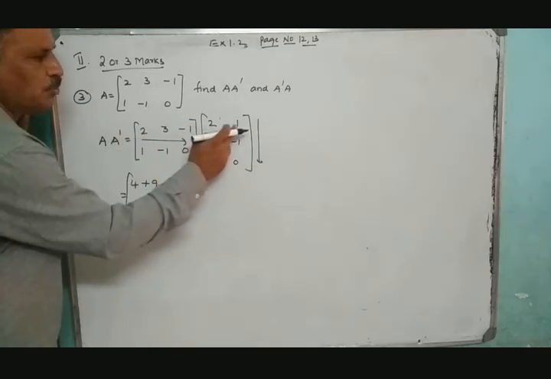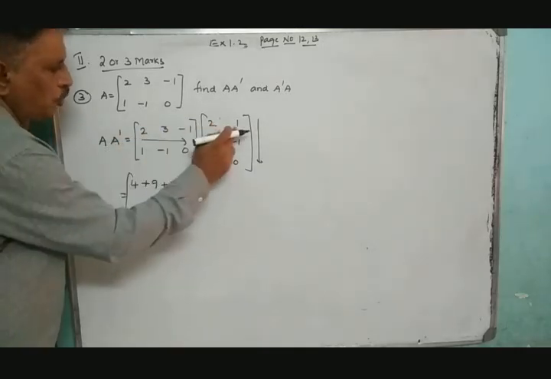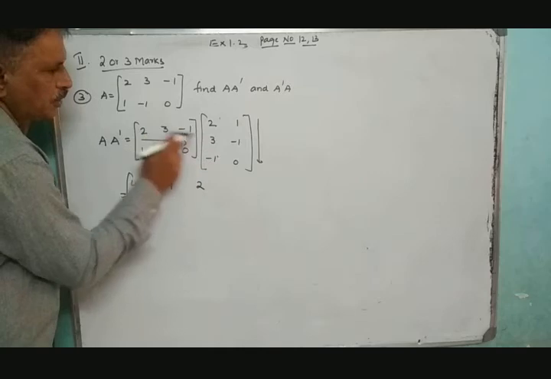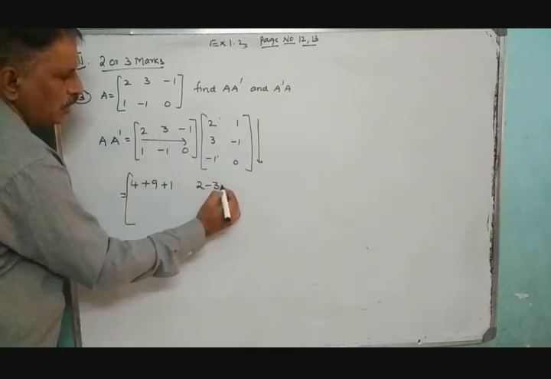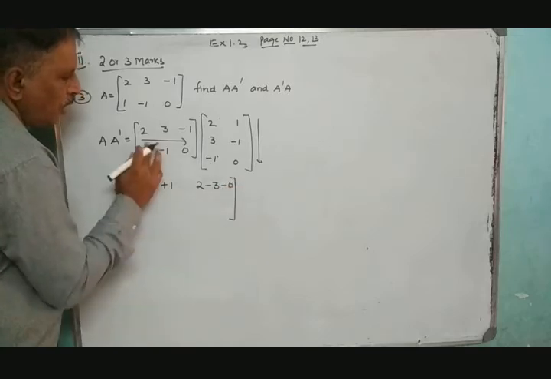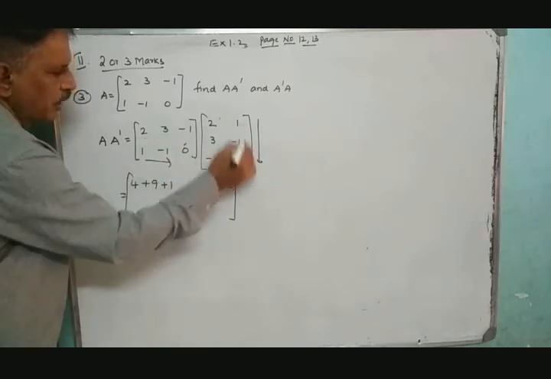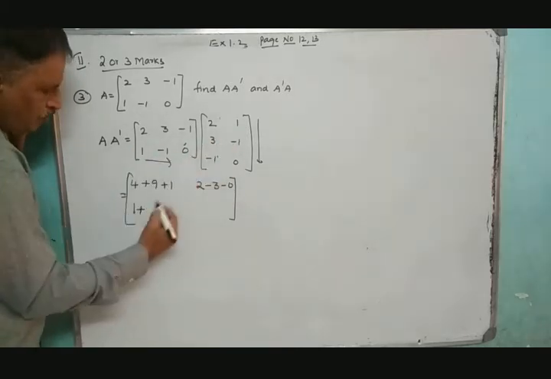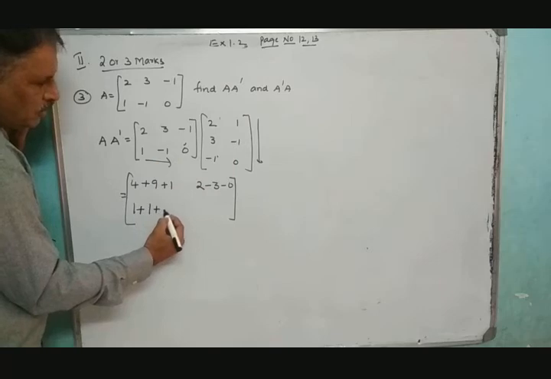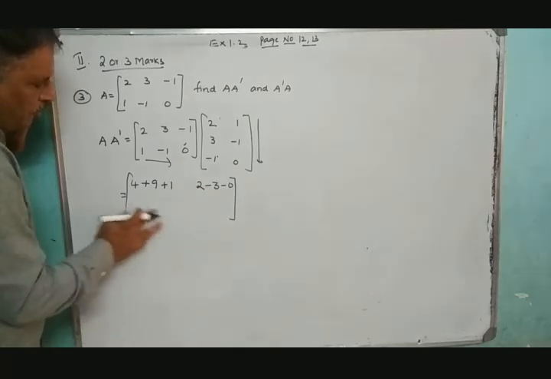For 2, the corresponding element is 1. So 1 into 2, 2. Plus into minus, minus. 3 into 1, 3. Minus 0. Next, second row, second column. 1 into 1, 1. Minus into minus, plus. 1 into 1, 1. Plus, 1.